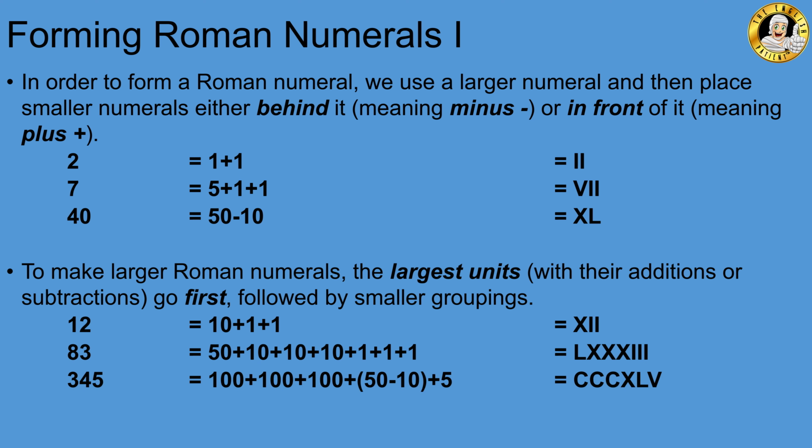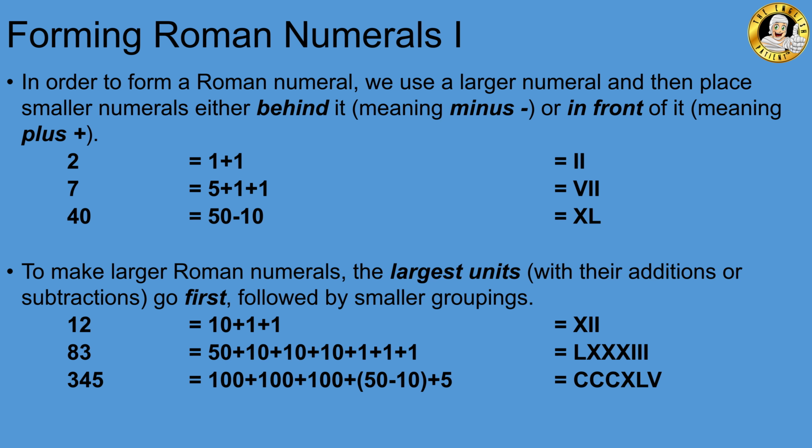Now, to make larger Roman numerals, the largest units with their additions or subtractions will go first, followed by other smaller groupings. So if I want to make the number 12, I will have 10 plus 1 plus 1, which would be XII. For 83, I will have 50, which is L, and then I will add 10 and 10 and 10, so L, X, X, X, and then I will add 1 and 1 and 1.